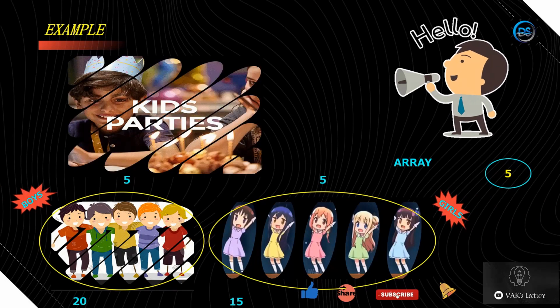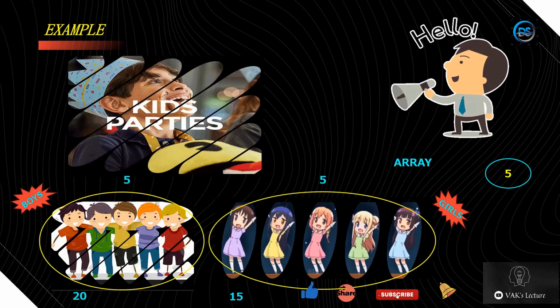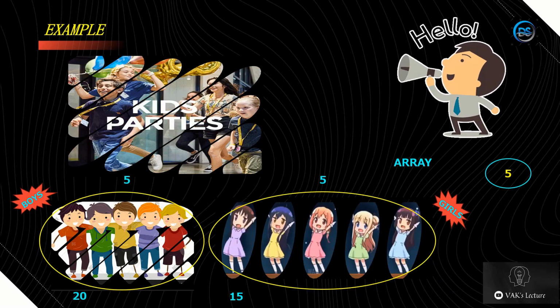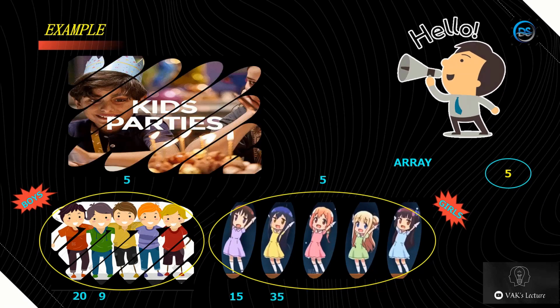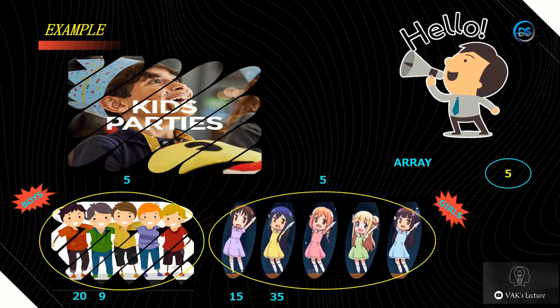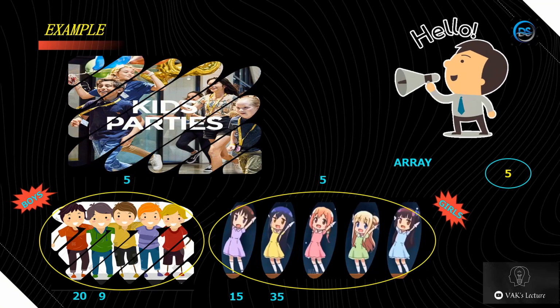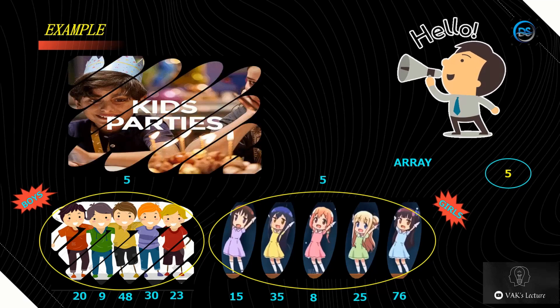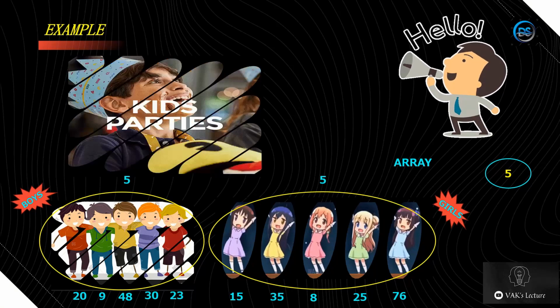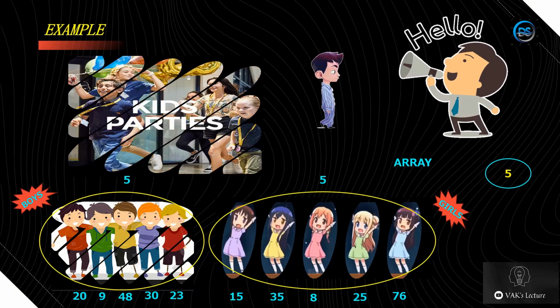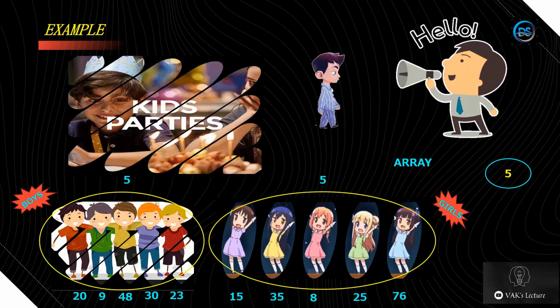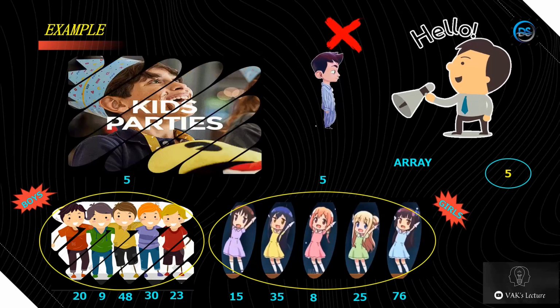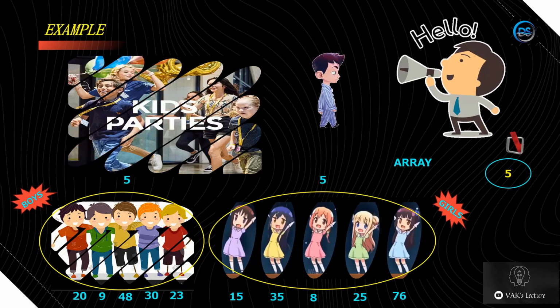The first participant will get the first position and they will be given a number. Then the second participant gets the second position and some number will be given. And then next the third one, similarly the fourth one, and for the fifth one also. But if a sixth participant also comes and asks to play, they will not be allowed. Why? Because the number of participants is fixed.